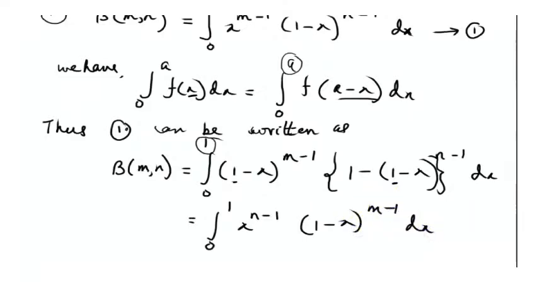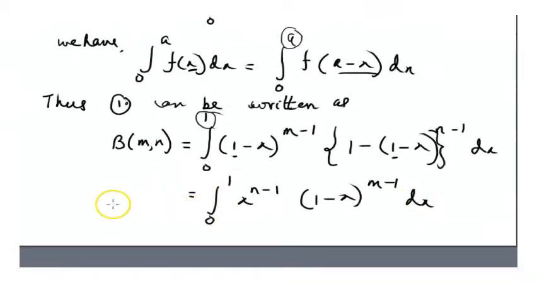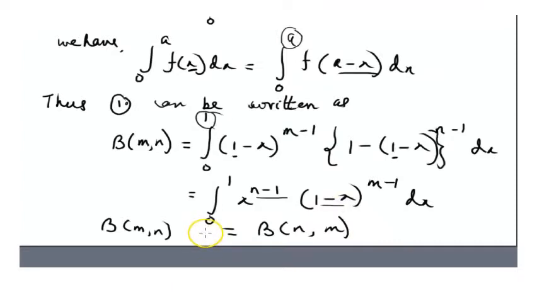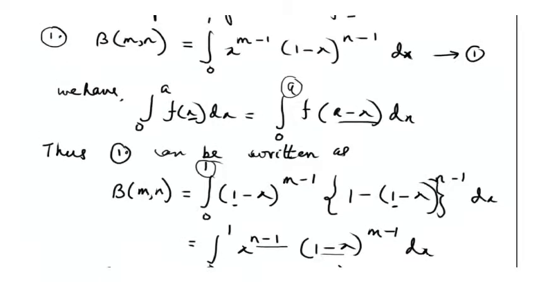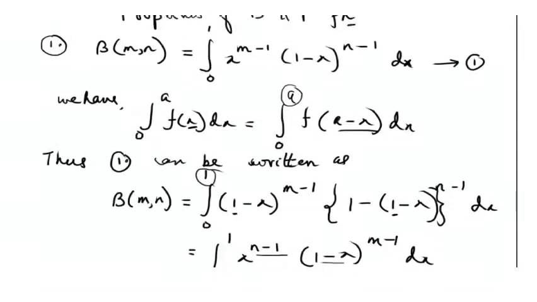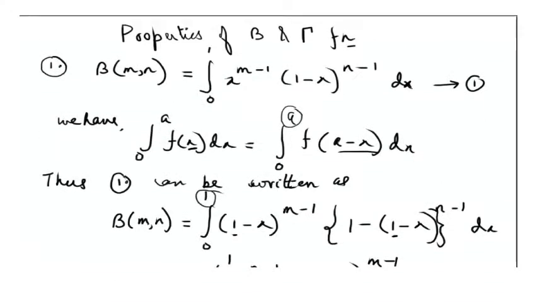So see students, is this not equal to beta nm by the definition? When I look at this, what have we just proved? We proved that beta mn is equal to beta nm. So it doesn't matter which we are doing. So this is the first property. Let us go to the second one.